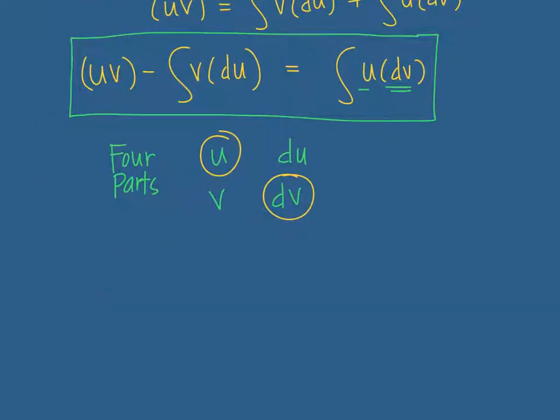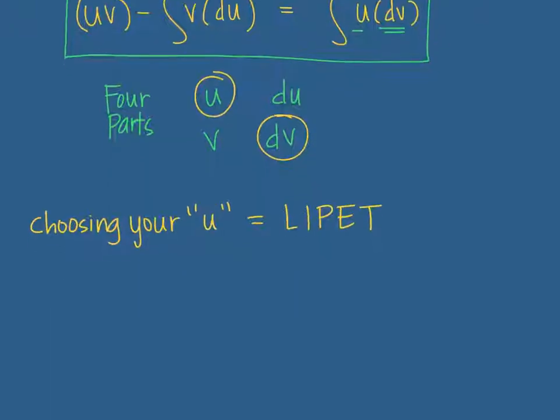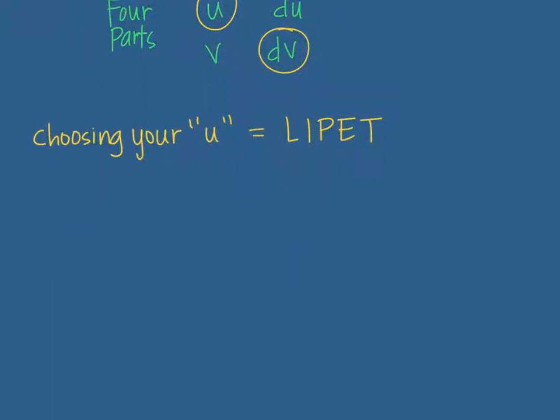Now, choosing your u, that's where I refer to the LIPET test. All right, choosing your u, L-I-P-E-T, is an acronym that helps you prioritize what's going to be the best u based on the type of equation that you're given.